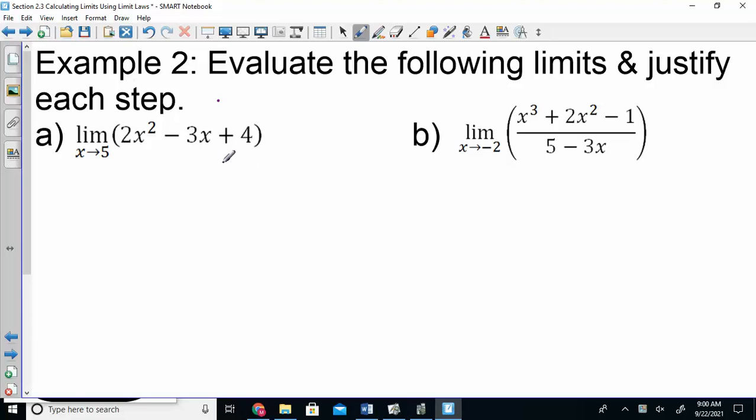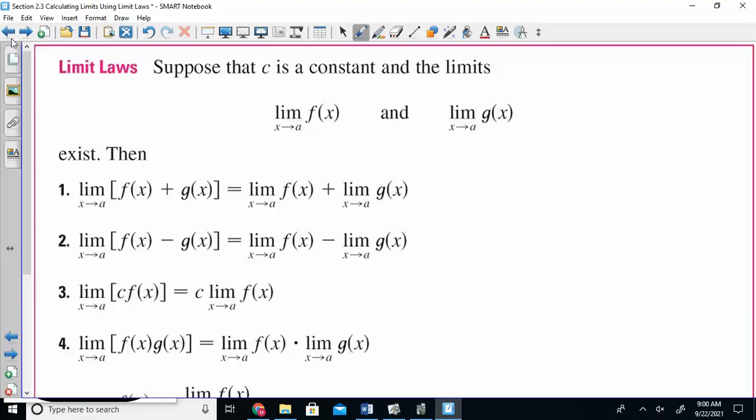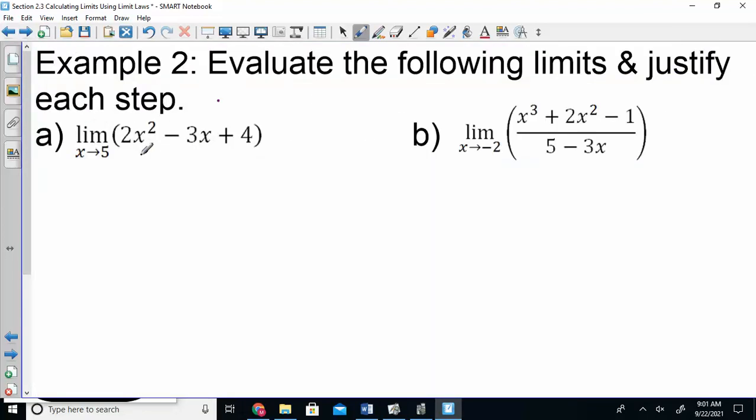Okay? So we had a law yesterday that said if you have things added or subtracted, then you can do the limit of each one individually. And we also said that if you have a constant, you can write that constant in front of the limit. So in this example, I can do the limit of each of these separately, and this coefficient can come out in front.